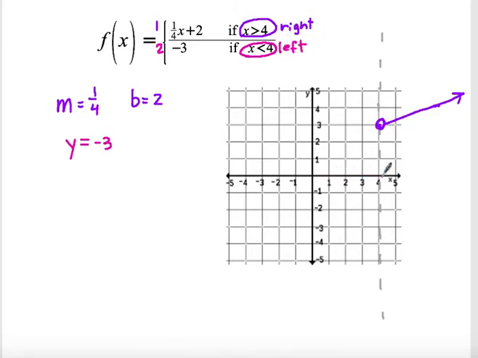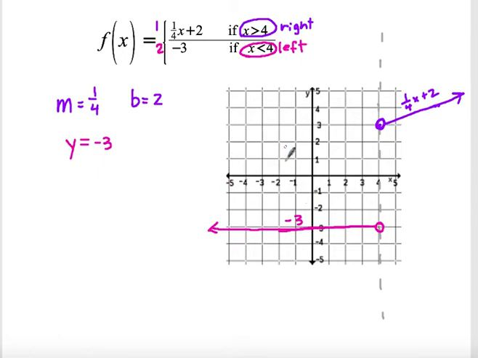So when I go to 4, I know that I need to be at -3, but I'm not going to include 4. I'm going to include everything to the left. So I'll continue this line to the left. So this is my line 1/4 x plus 2, and this is my line -3.